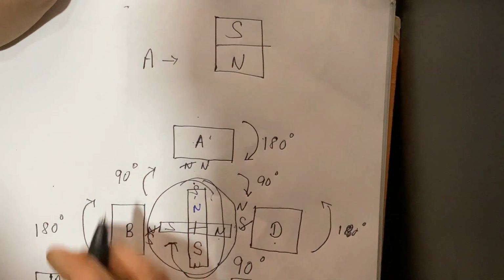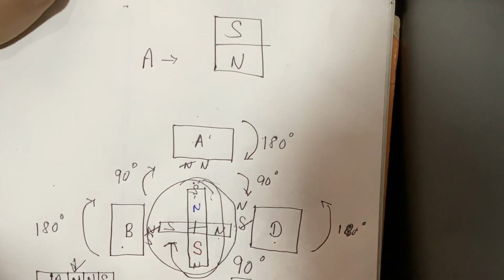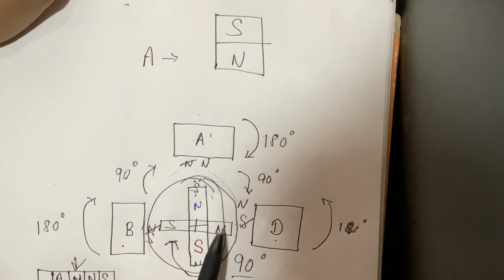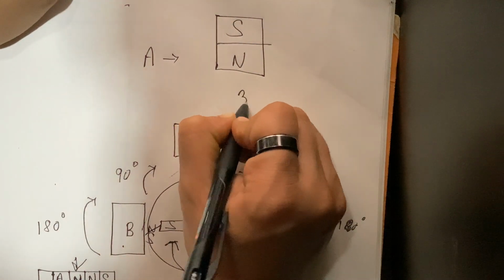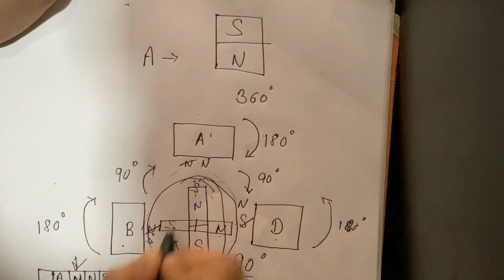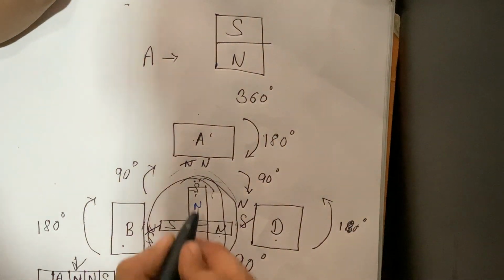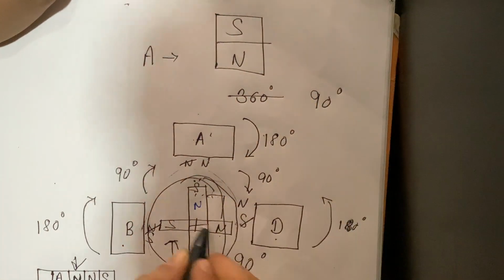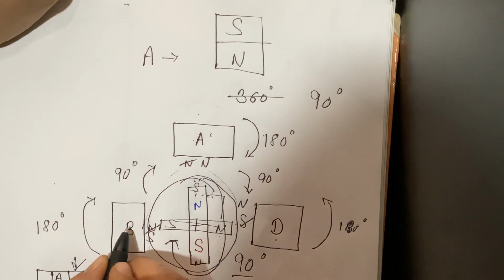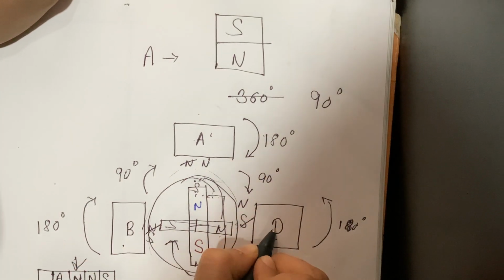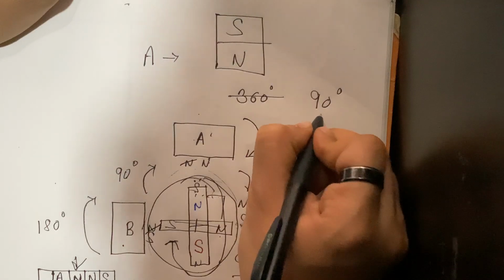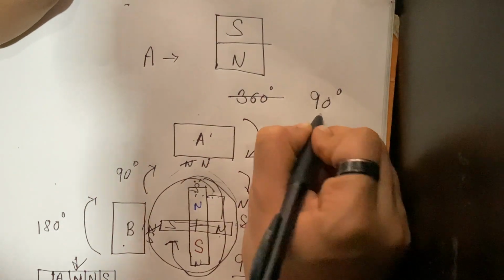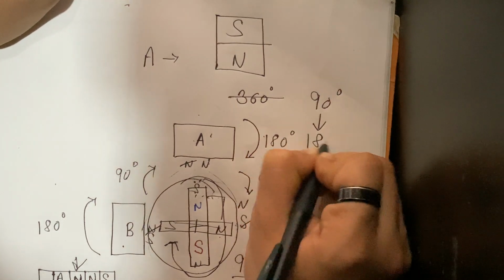What we'll do is, after every 90 degrees that the big bar magnet rotates, the magnets opposite to the poles have to rotate by 180 degrees.